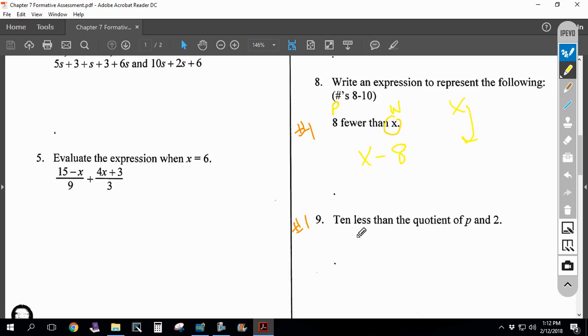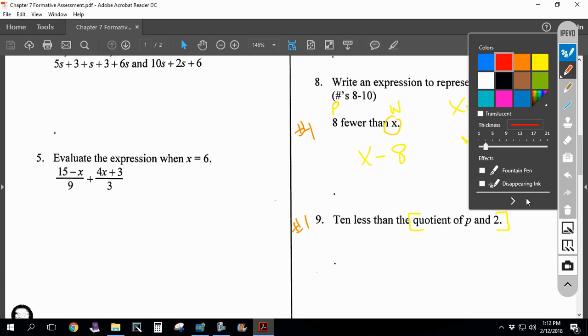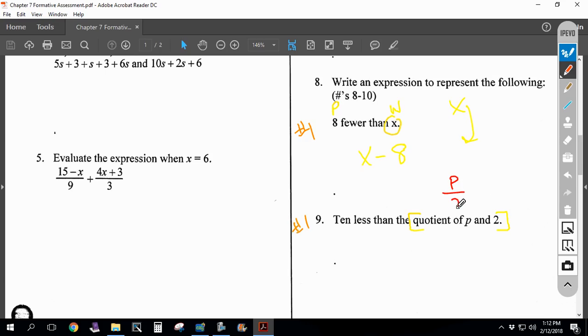and we know subtraction is always whole minus part. All right, it says 10 less than the quotient of p and 2. Now we know that the quotient of p and 2, or at least I hope we know, that we need to write that as p over 2. You leave it in the order that it's given because it says the quotient of. So that's how you would write that. So the question just becomes, is it 10 minus this, or is it this minus 10? That's really the question.